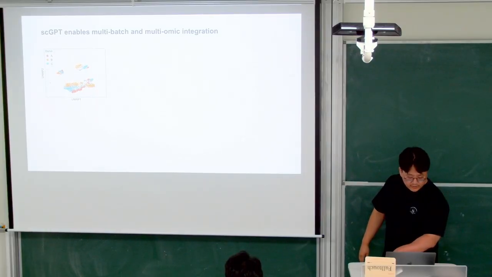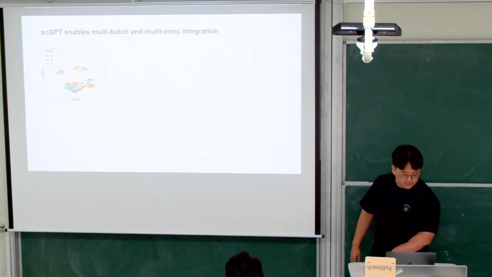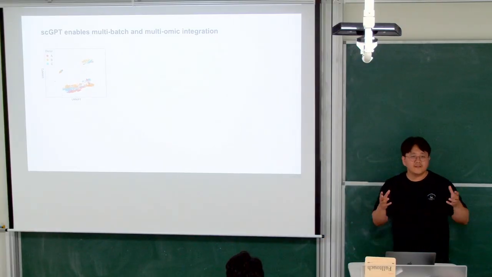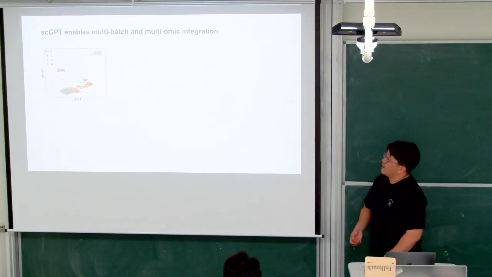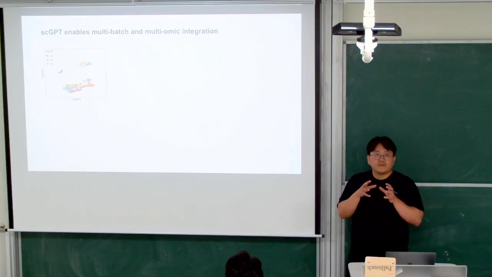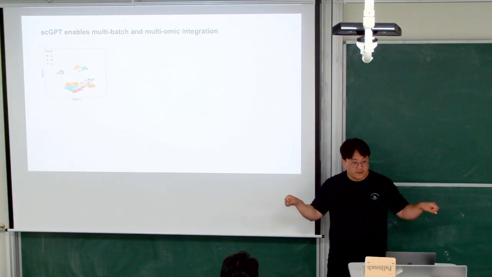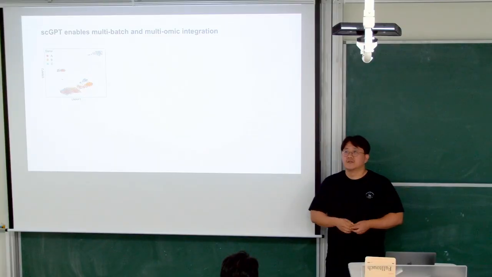So this is another advantage of using scGPT. If you obtain cells from different experiments, even though each cell belongs to the same cluster, the cells could be far from each other due to artifacts from the different experiments.